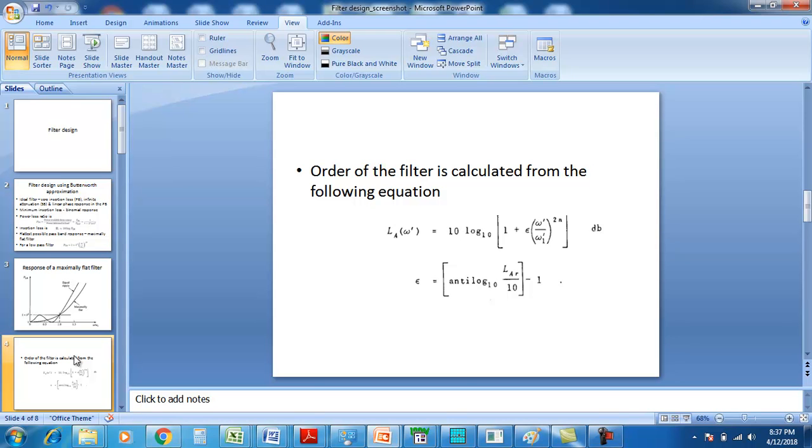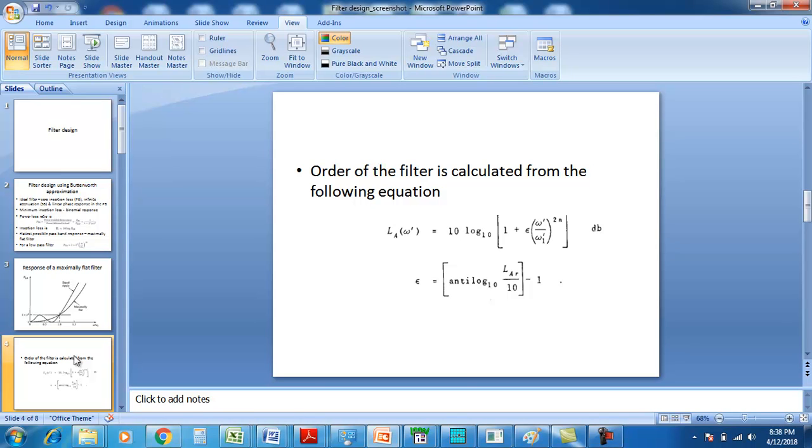It is in dB, where E equals antilog of LAR divided by 10, minus 1, where LAR equals the band edge power loss ratio. For a maximally flat filter, its value equals 3 dB. So from this, we get the unknown parameter n, because omega dash is the attenuation frequency in the stop band.